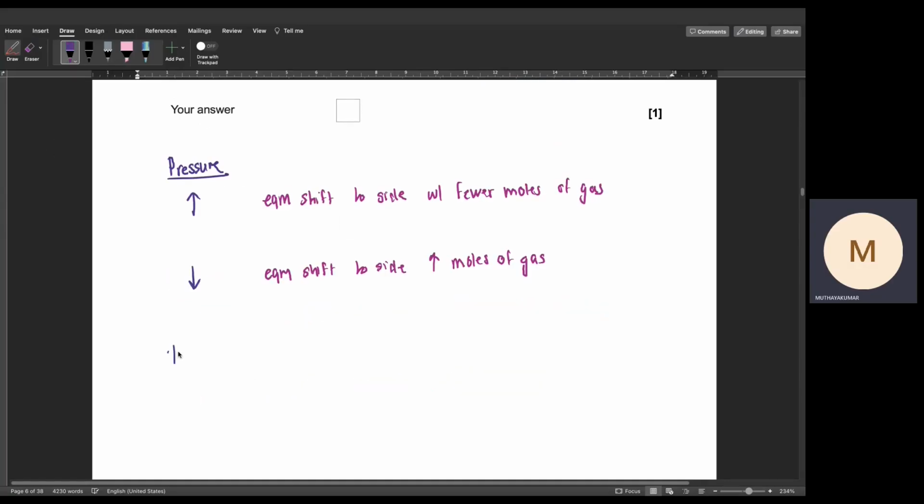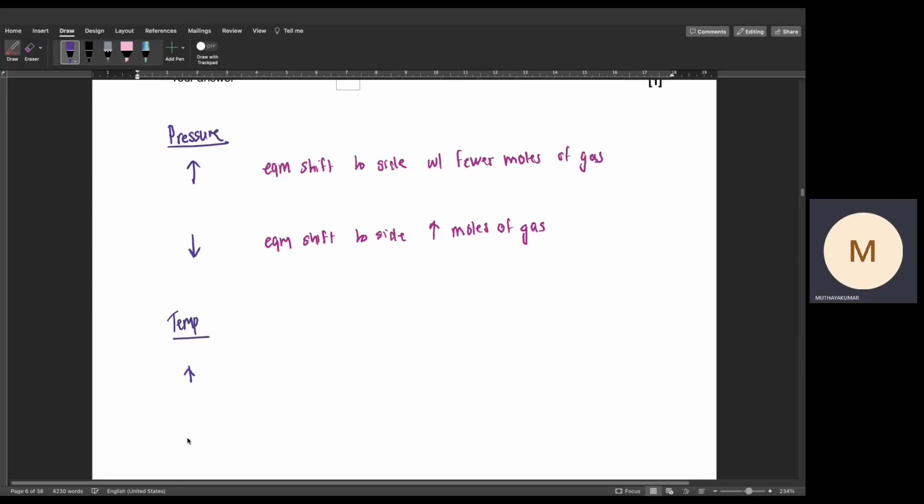So temperature, again, we can do one of two things. We can either increase the temperature or we can decrease the temperature. Now, if we increase the temperature, the system will change to oppose this change in factor.